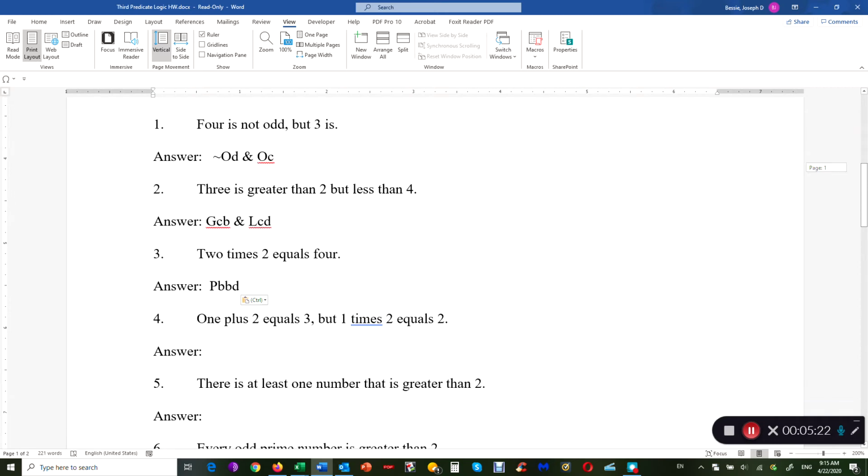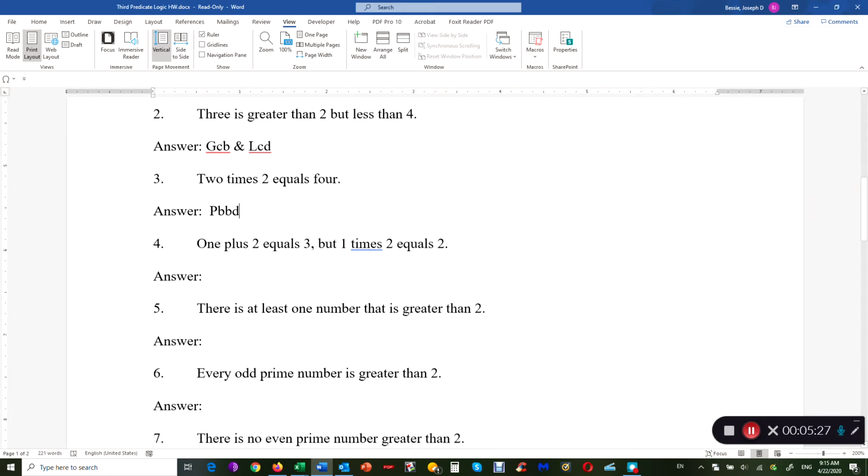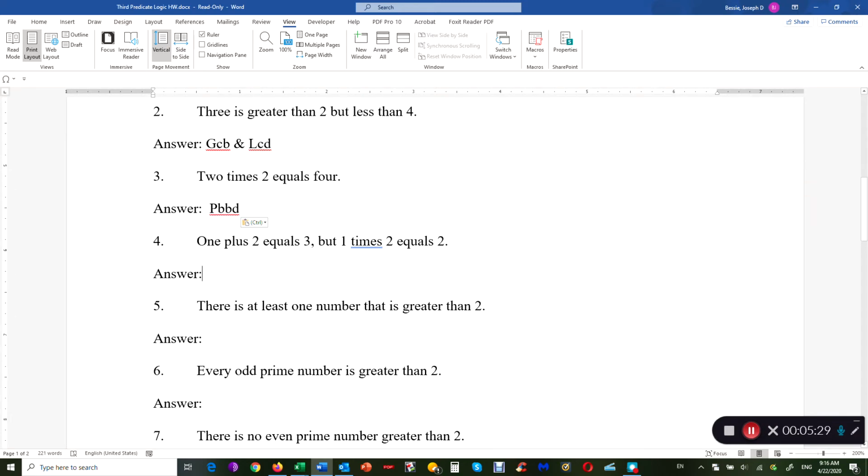1 plus 2 equals 3, but 1 times 2 equals 2. If you were to write it in arithmetic, of course, you'd write 1 plus 2 equals 3, but is just and, 1 times 2 equals 2. Well, you know how to say the sum of this and this is this, and the product of this and this is that.